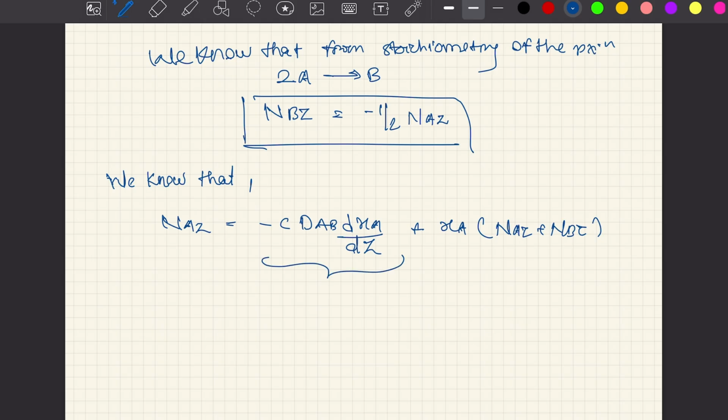This is the molecular flux and this one is the convective flux.